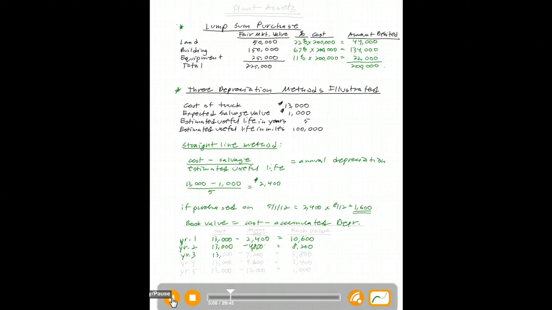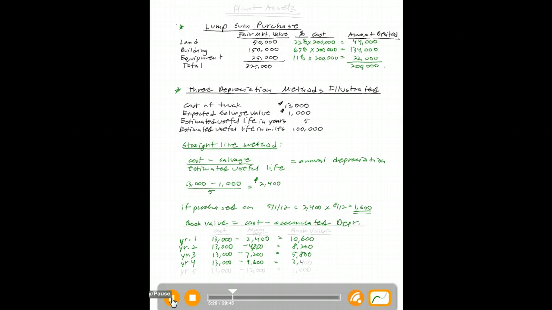At the end of year 3, your accumulated depreciation is $7,200. So $13,000 minus $7,200, book value is $5,800. At the end of year 4, cost minus accumulated depreciation of $9,600. Notice your accumulated depreciation is going up by $2,400 every year.